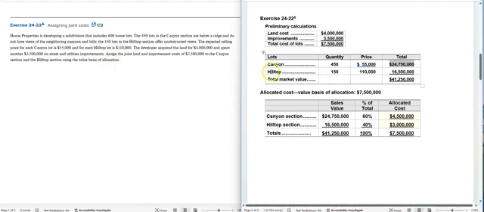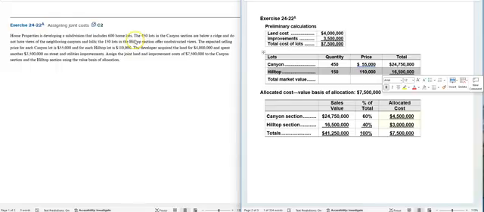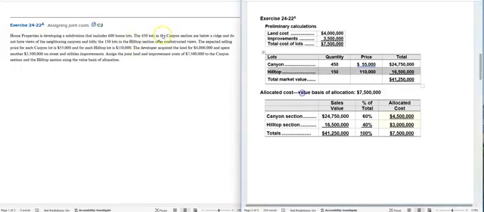The hilltop lots, we have 150 that can be sold for $110,000. Total sales value $16.5 million. The total market value of all products that will come out of this joint land is $41,250,000.